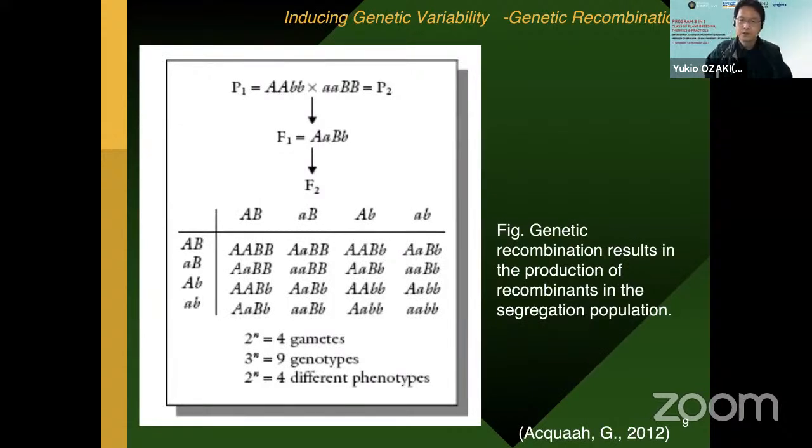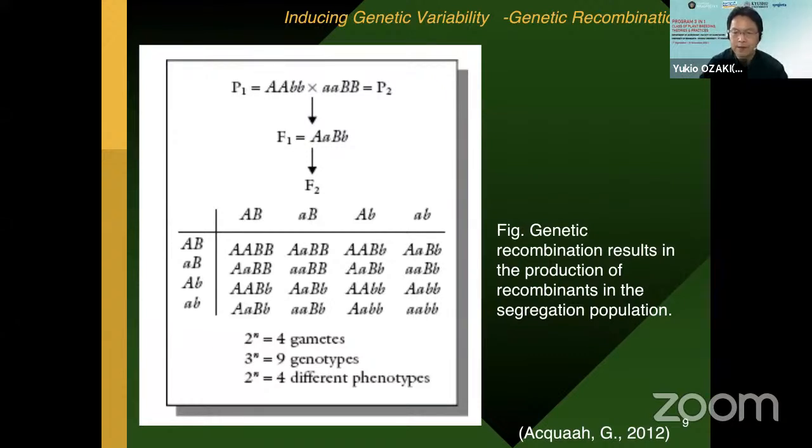Consider a cross between two parents of contrasting genotypes: AA bb and aa BB.